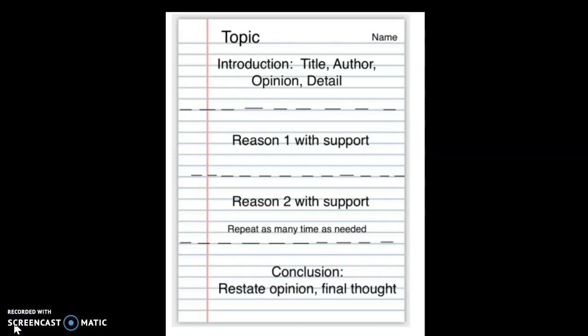Today you will plan your introduction and one reason for your opinion. You will also need to find 2 to 3 examples of evidence to support each reason. How will you find your reasons and evidence? You will either need a copy of the book or go back into our Canvas lessons and reread some of the chapters.